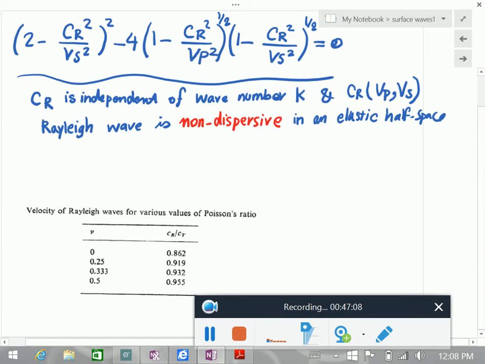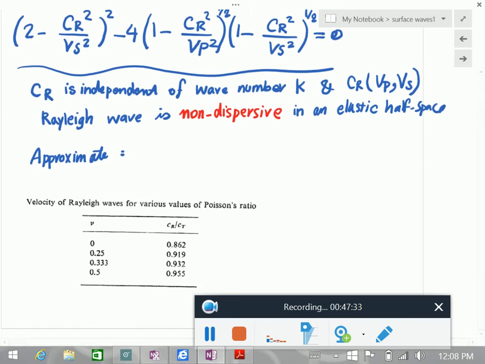Okay, but this equation is kind of hard. It's a hard equation to deal with every day. So there is an approximation. So this is an approximate solution, which is basically, we need to memorize it.